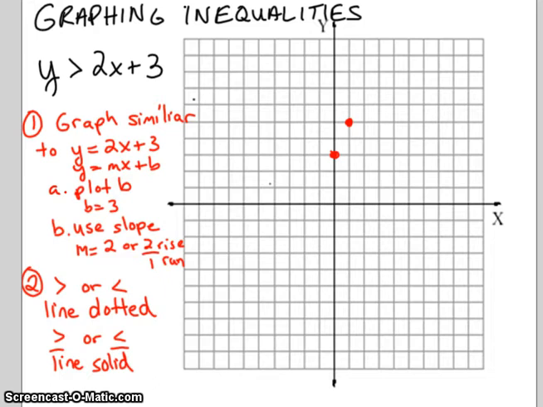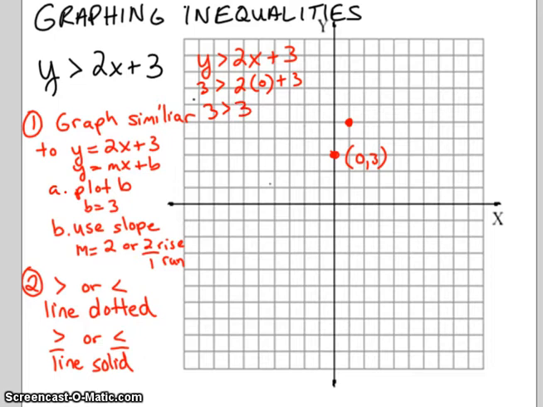For instance, and you don't have to write this down because I'm going to erase it in a minute. If I chose this point here, which is (0, 3), and I plugged it into my inequality, y is greater than 2x plus 3, with 0 for x and 3 for y, I will get 3 is greater than 3.